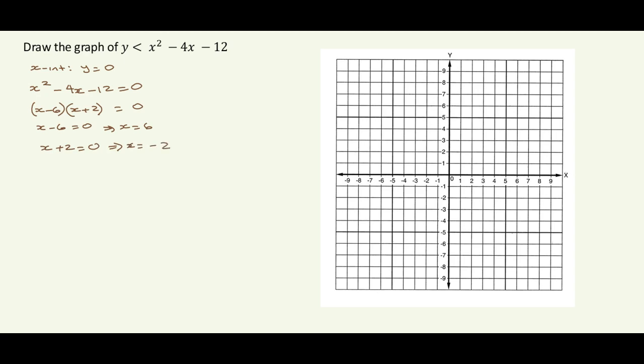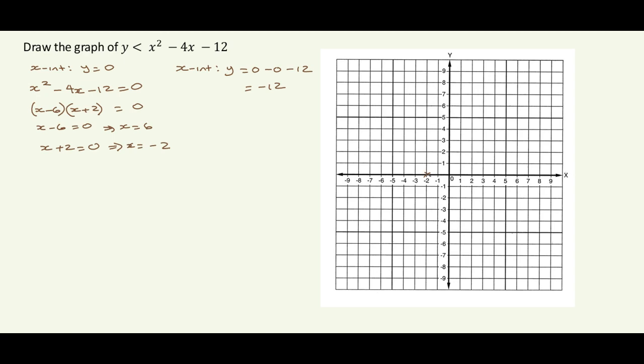And then let's look at the y-intercept. We have y equal to 0 minus 0 minus 12, which is negative 12. So this graph probably will not fit, so we'll try to figure a way to make it work. x equal to negative 2, so we got that point right here.